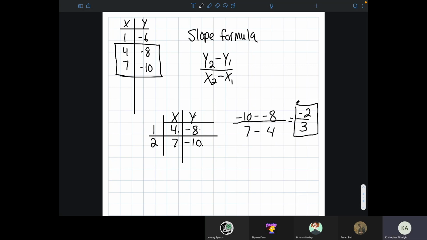So now we have a slope of negative 2/3. And we could do this with these 2 points, and it would work the same, or we could do it with these 2 points. It doesn't matter which two you choose, just as long as you write them in a table that looks like this, and then use that for your slope formula. And it's going to give you the right slope every time.